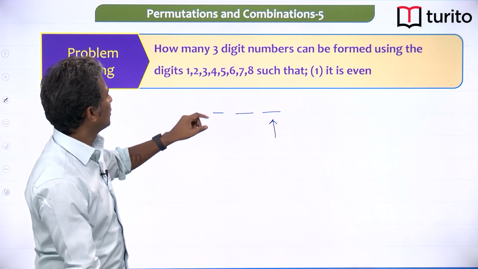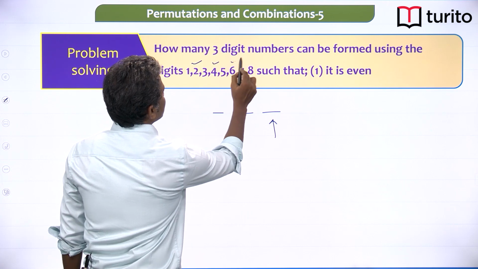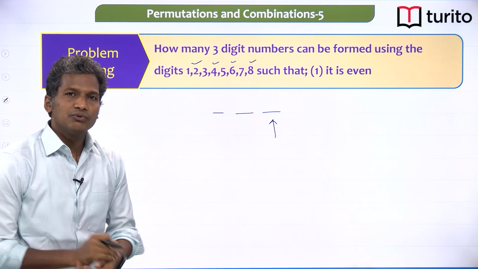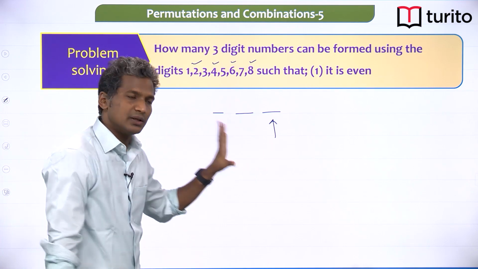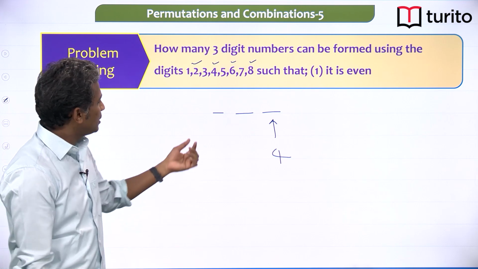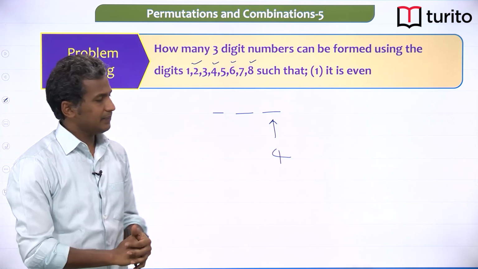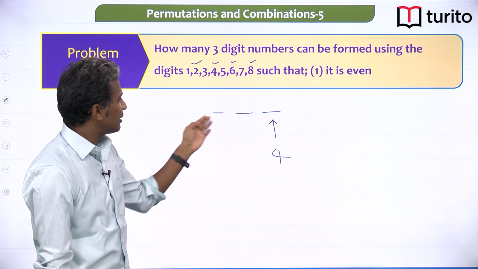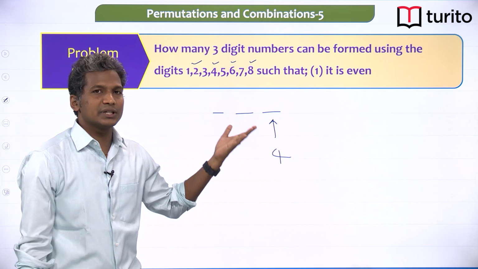How many even digits are there? 2, 4, 6, 8, there are a total of 4 even digits. So, the last place can be filled in 4 ways. This is our top priority. Now, out of these 2 you can fill whichever first, it does not matter. How many options are available for the others? If repetition is allowed, then all 8 options are available.